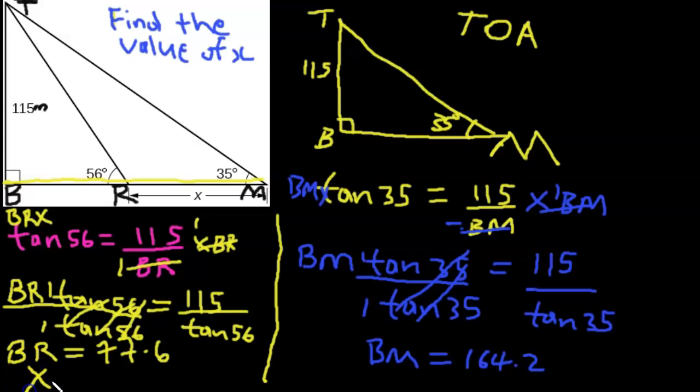So X is just the difference between 164.2 and 77.6. Let me do the subtraction. 164.2 subtract 77.6, I'm getting 86.6.